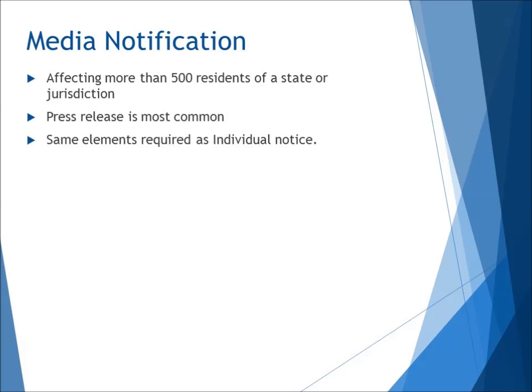Covered entities will likely provide this notification in the form of a press release to the appropriate area. And like the individual notice, this notification must be provided without unreasonable delay and in no case later than 60 days following the discovery of the breach, and must include the same information required for the individual notice. So those same elements that we ticked off previously must be given to media as well.